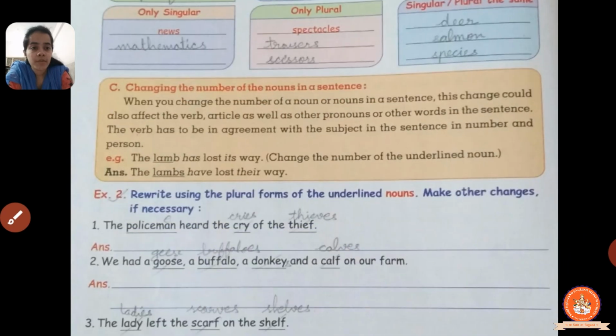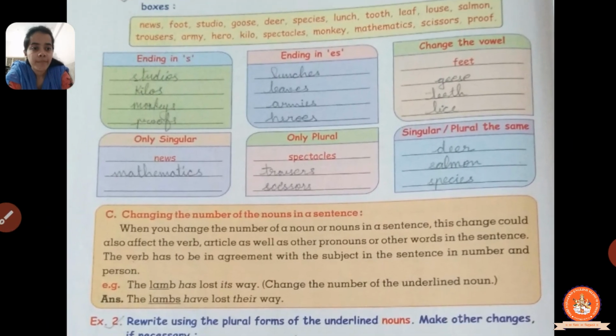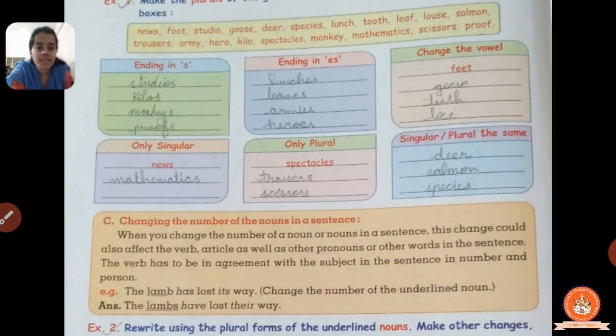So we'll see the next one, which is about changing the number of the nouns in a sentence. Now how do we change the number of the nouns in the sentence? What do we have to do for changing the number of the nouns in the sentence? So we'll see what is given here in this paragraph.